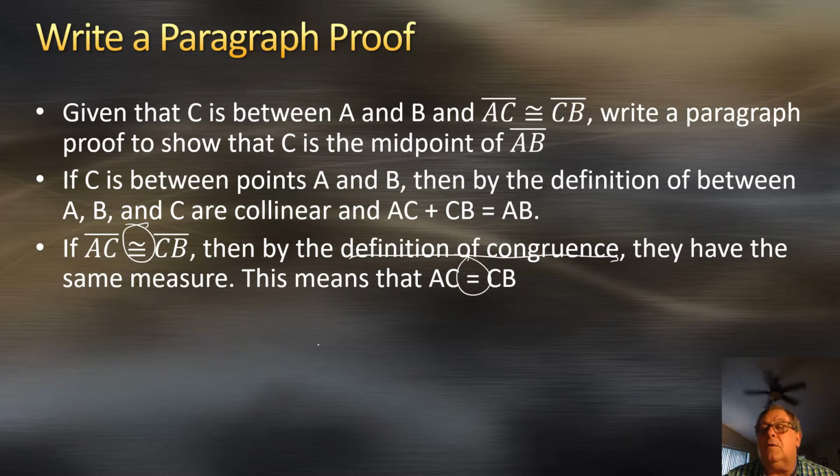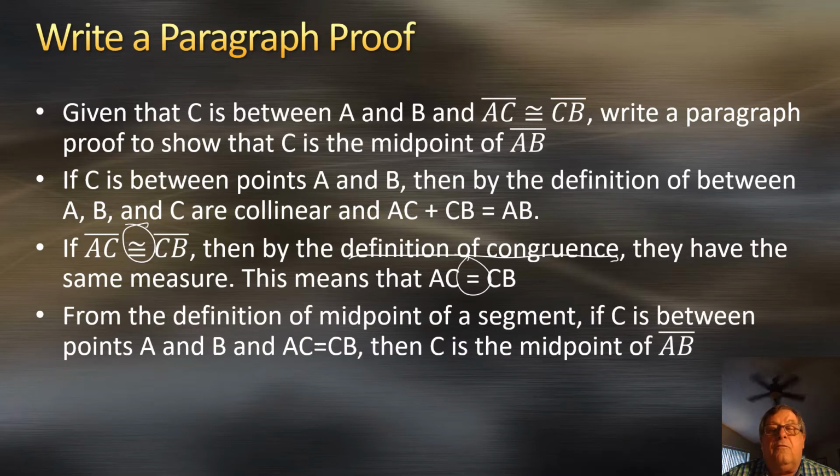So let's see what else we have. From the definition of a midpoint of a segment, here it gives a conditional: if C is between points A and B, then AC is equal to CB. So from the definition, we got a definition here. We got a fact. This is all about deductive reasoning. Look at what we have here too. Let's go back up and see what we have. We're using deductive reasoning to prove a conjecture.